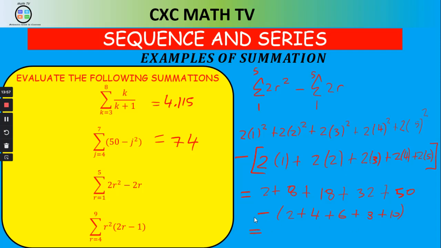So in that case we're getting 10, 28, 28 and 32, I believe that is 60, and plus 50 is 110. So this is 110 minus, this is now 18, 24, 28, and 2 is 30, that's 80.